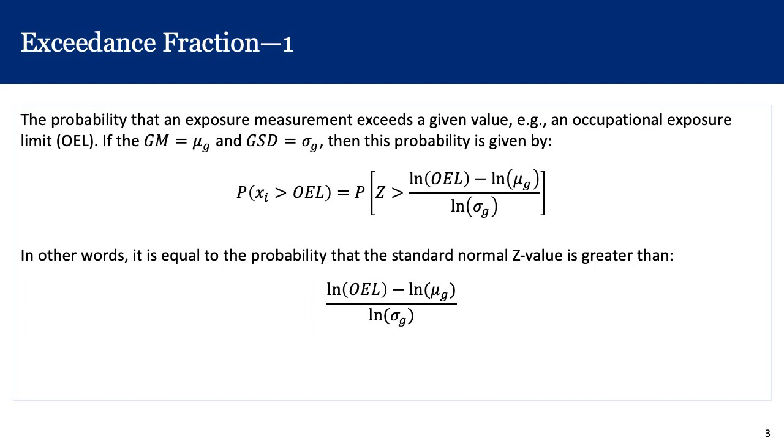The probability of xi being greater than the OEL, the occupational exposure limit, is equal to the probability of the z statistic being greater than the log of OEL minus the log of mu g divided by the natural log of sigma g. In other words, it is equal to the probability that the standard normal z value, or the z statistic, is greater than this ratio: log of OEL minus log of mu g divided by log of sigma g.